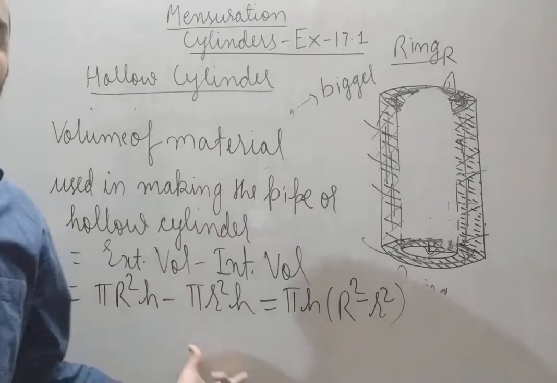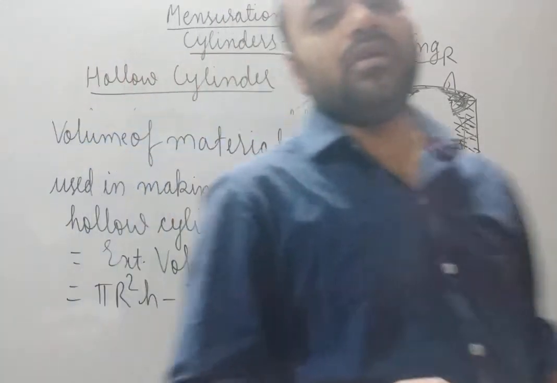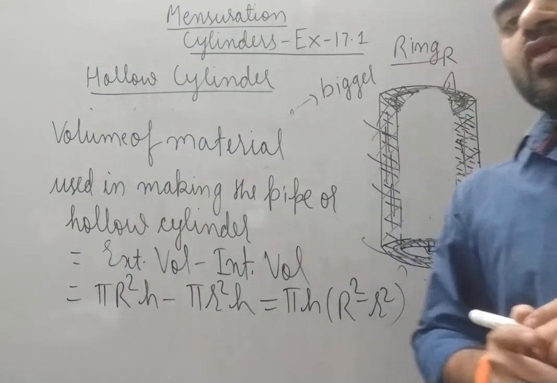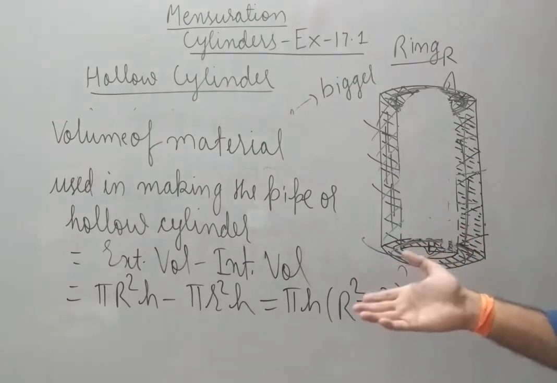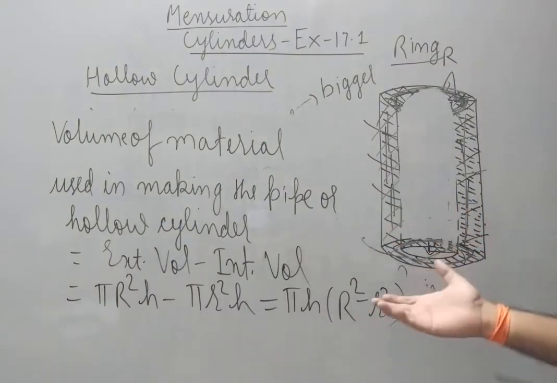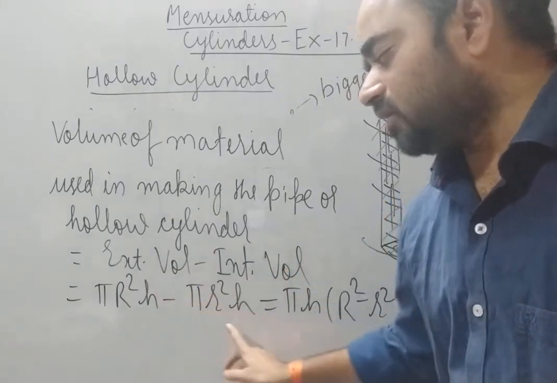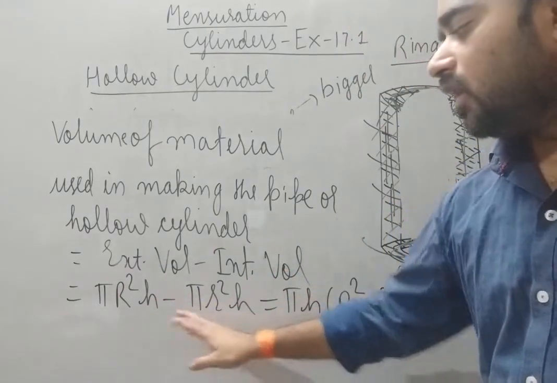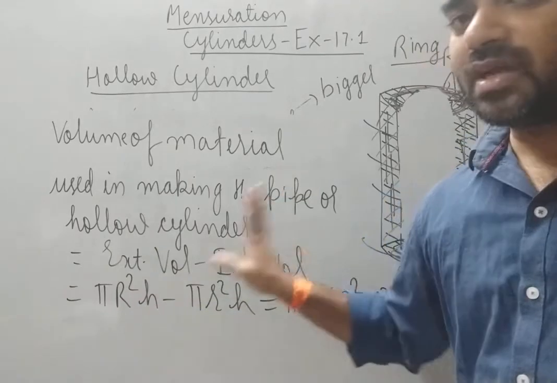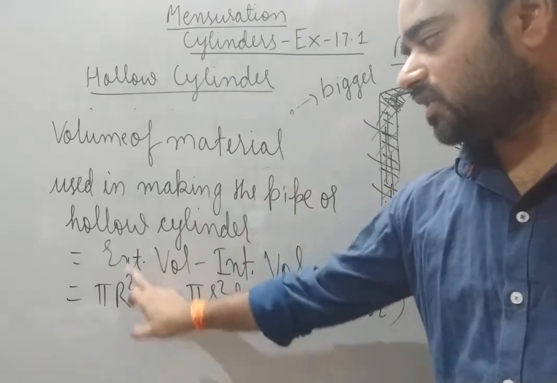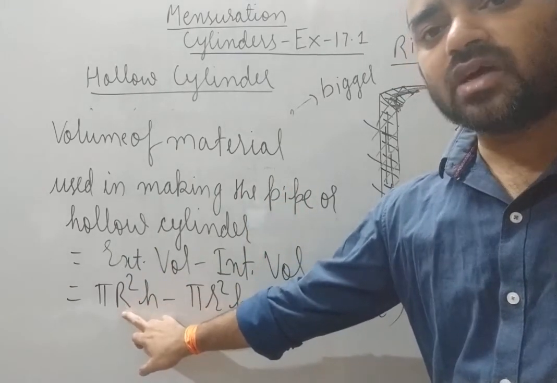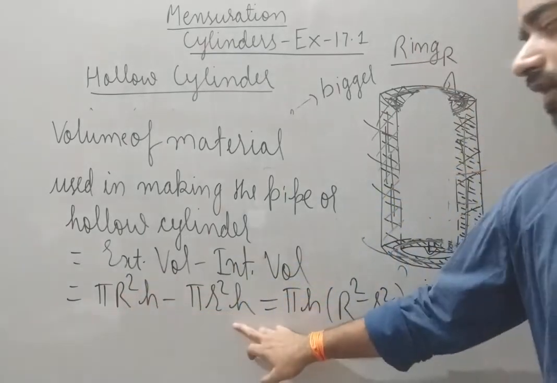Understood why you are subtracting? So this is the formula used for calculating volume of material used in a pipe, cylindrical pipe or hollow cylinder. External volume minus internal volume. Heights in both cases are the same. The volume formula is the same, pi r square h. External means we take the external radius, the outer bigger one. Internal means we take the smaller radius.